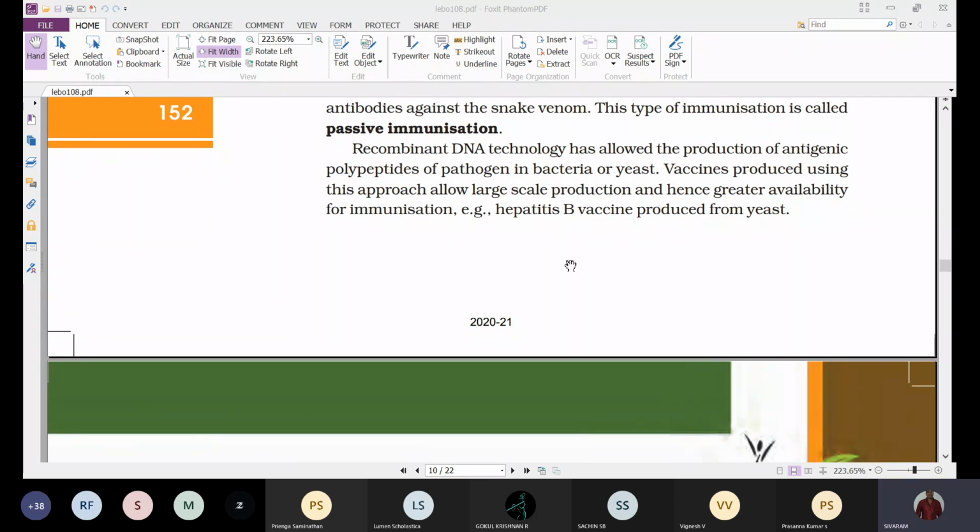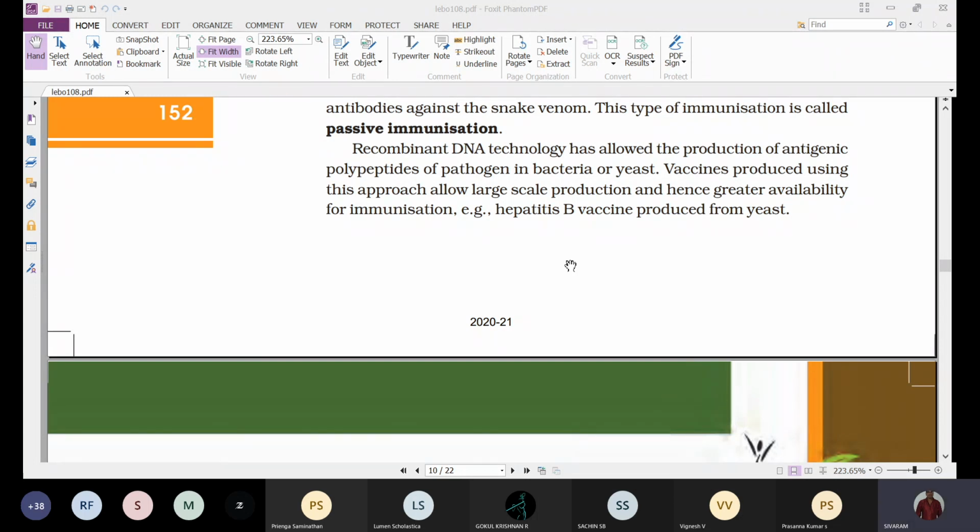Whenever this disease causing organism is exposed to our body, our body produces antibodies, but these antibodies are not produced against the total organism. They are produced against the antigenic structure that is associated with that pathogen.